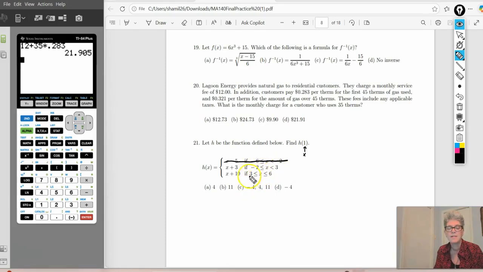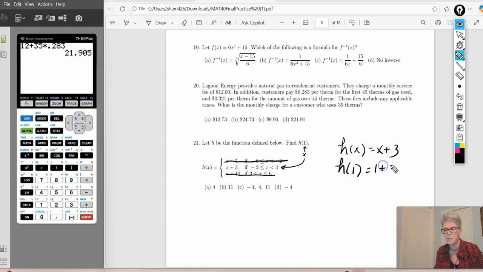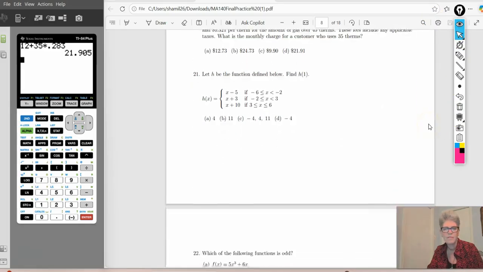If x is 1, it is not a number between 3 and 6. So if x is 1, I'm going to use that second formula. So the formula is x plus 3, and now if I evaluate h at 1, wherever there's an x, I replace it with 1, and I'm going to get the number 4. Okay. Students who choose this have no idea what a piecewise function is, and they just plug one into every formula. Okay, so there's always that kind of bogus selection every year.